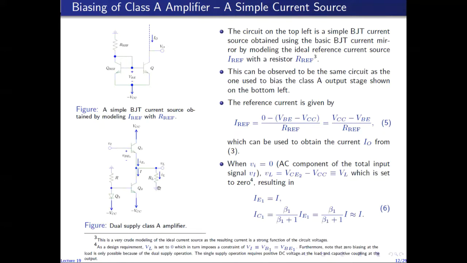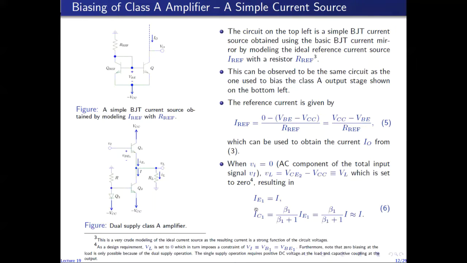When there is no current flowing through RL, then this bias current is actually equal to the emitter current of Q1, because the emitter current of Q1 is I plus IL, but there is no current flowing through RL under DC condition. So IE1 is just equal to I.